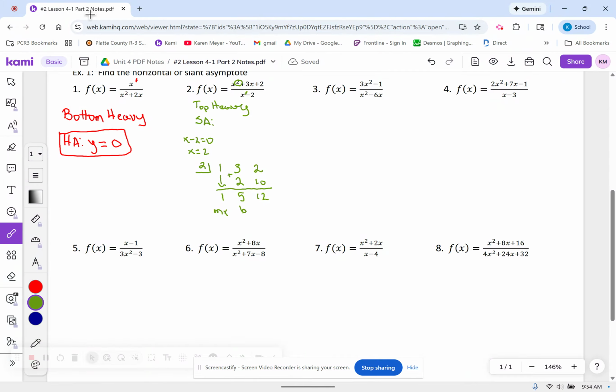The 12 is your remainder, and we do not use the remainder in our equation, so technically you can just cross that one out. So when you're writing your answer for this one, you're going to go y equals 1x, or just x, plus 5, because 5 was our b. And that's it. That's your answer.